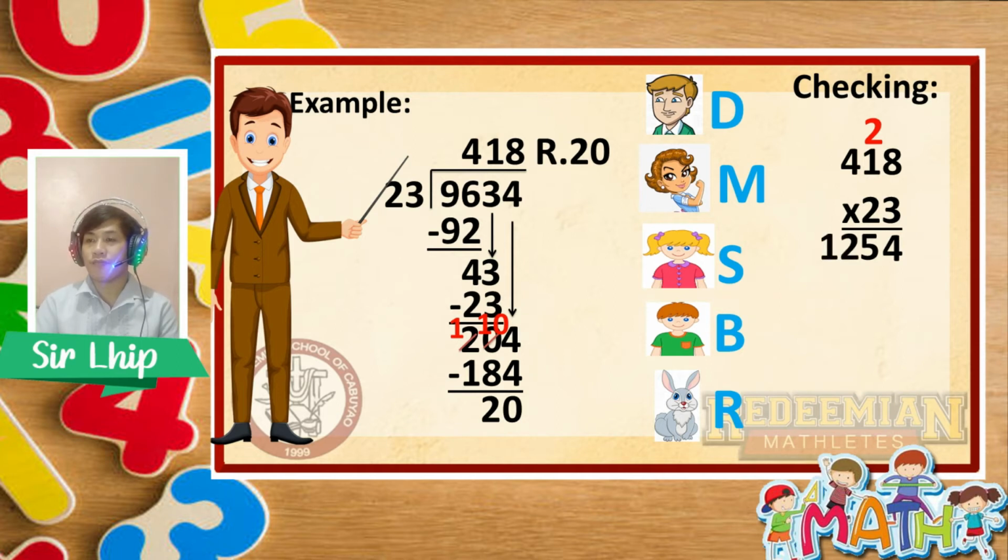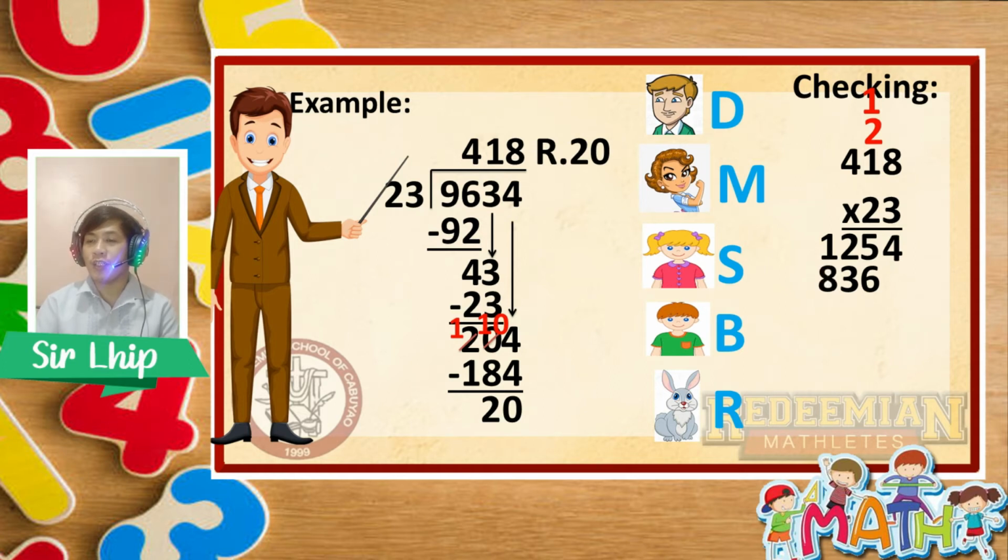Then, 2 times 8 equals 16, carry 1. Then, 2 times 1 equals 2 plus 1 equals 3. Then, 2 times 4 equals 8.